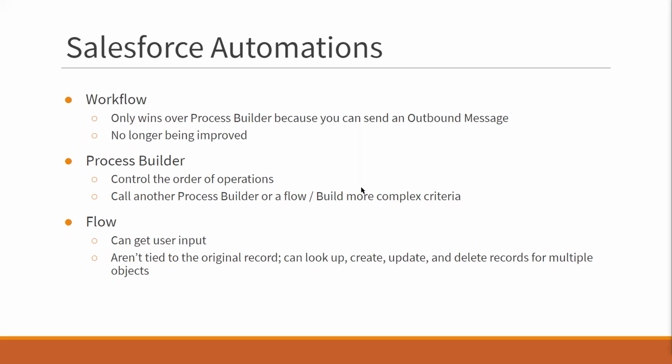So it does not have to be related, you know, in the object schema. We don't have to have that relation between these two objects. We can actually still go find another record and we can update it. We can create a new record. We can delete records. That is something that you can't do with Process Builder, is we can delete with a flow.